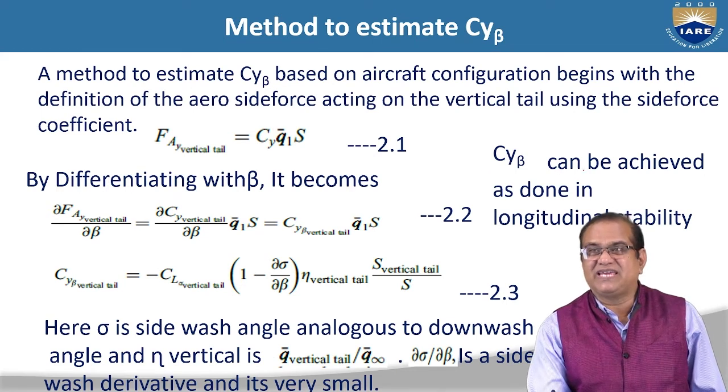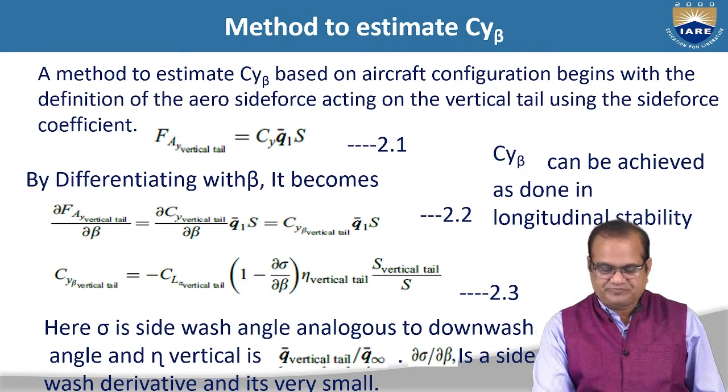So this Cy beta can be obtained as done in the longitudinal stability case.